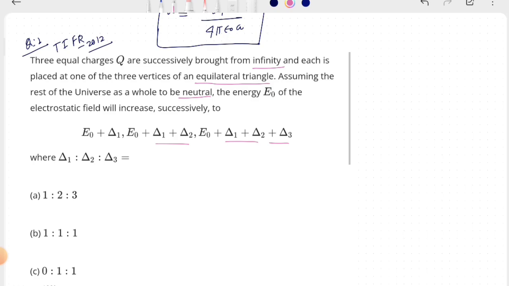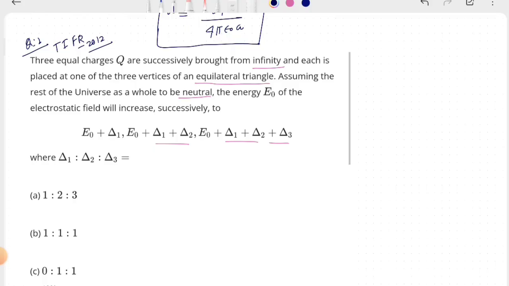So what is the question? The question is to find out the ratio of delta 1, delta 2 and delta 3. So how can I calculate?